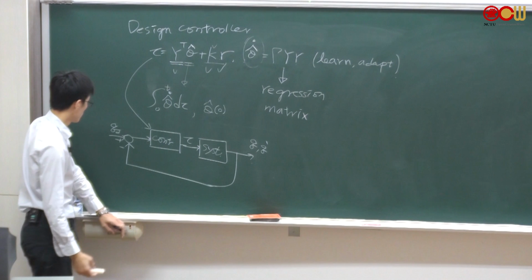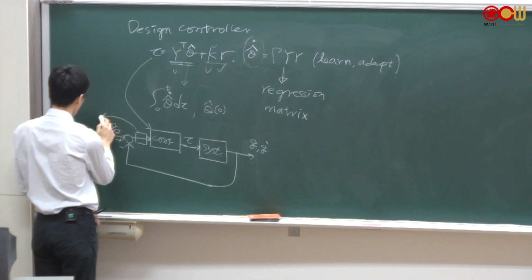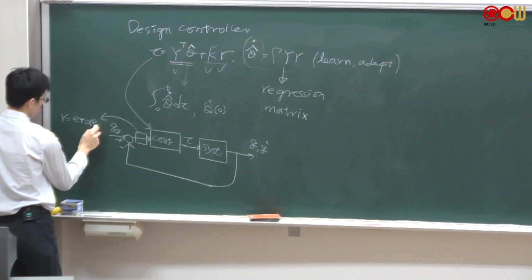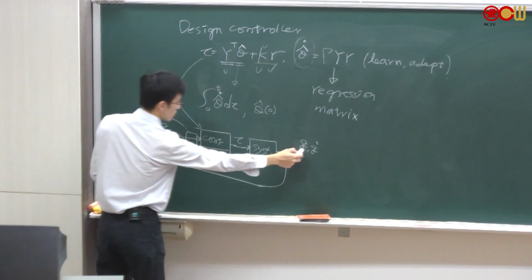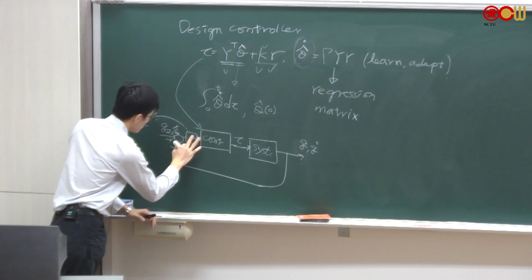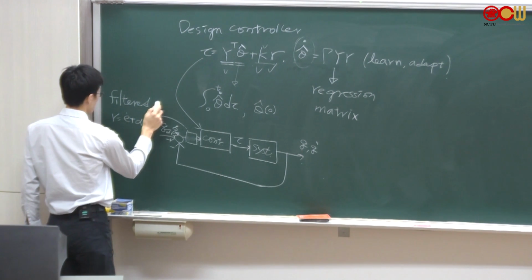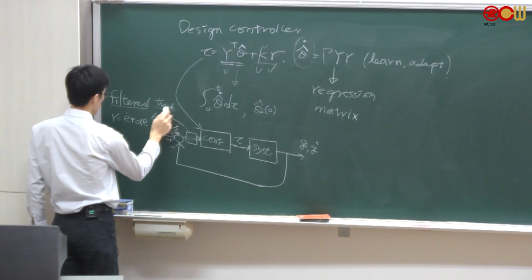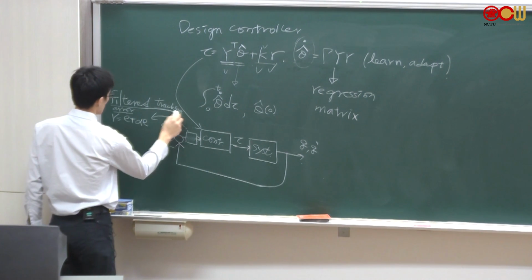R is the filtered tracking error, say R equal to E dot plus alpha E. So you can obtain E dot and E both from Q and Q D dot.